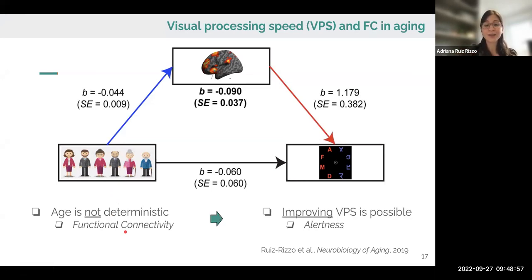And the fact that age alone does not determine the level of visual processing speed means that we can use tools or specific training to improve visual processing speed. In particular, alertness, based on the theoretical framework that we use, is a very important component of visual processing speed that we can use to actually improve visual processing speed in older age.